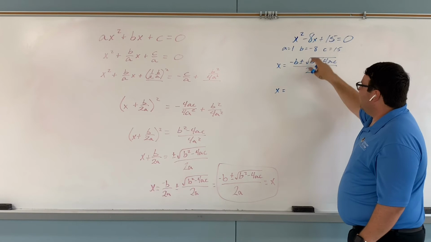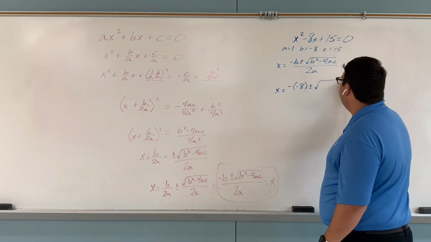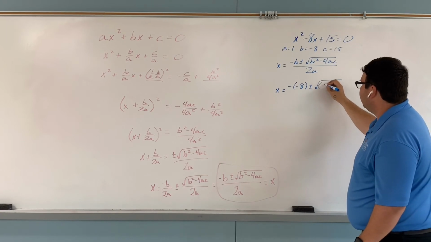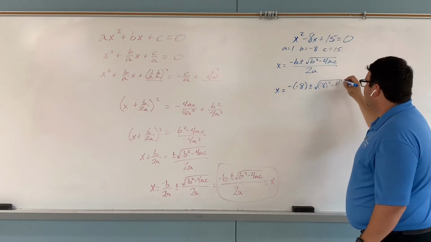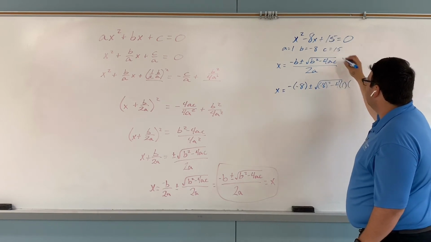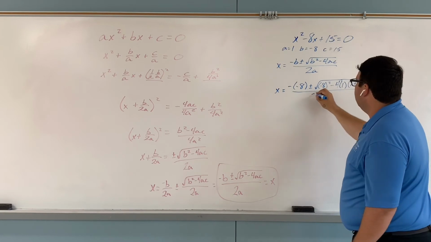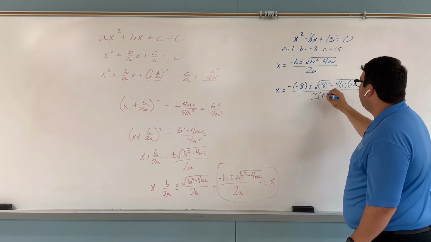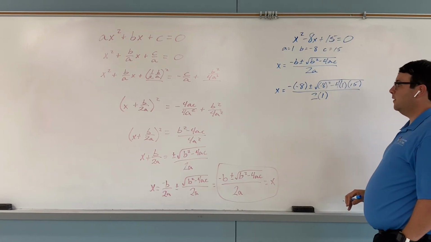So I have b, which is a negative 8, so I have a negative 8, plus or minus the square root of b squared, which is a negative 8 squared, minus 4a, which is 1, c, which is 15, all divided by 2a, which is 1. So I've got all of my values plugged in.